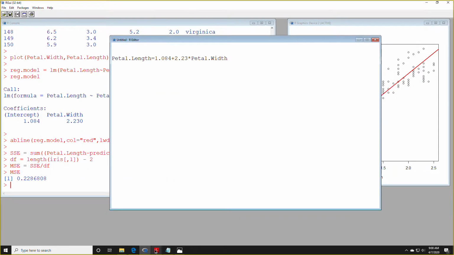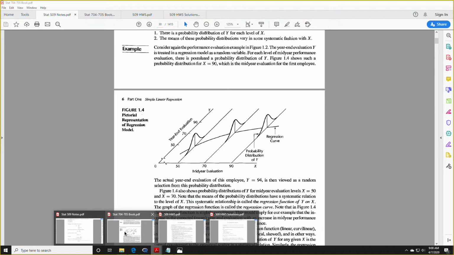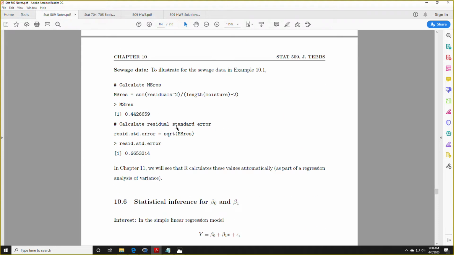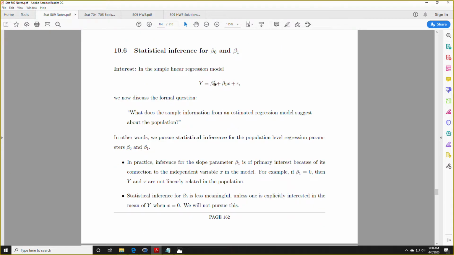Let's continue on in the notes a little bit. So, right, we have predictions for these. Throw a hat on top, and that's our least squares estimates. But as with other things, we might not just be happy with a single point estimate.